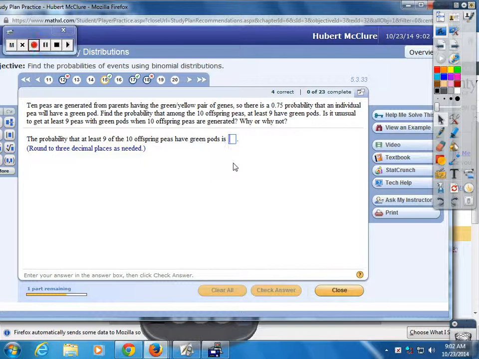Is it unusual to get at least 9 peas with green pods when 10 offspring peas are generated? Now this problem, you can't do it unless you understand what this is. So I'll give you a minute because I want you to think about at least 9, what at least 9 means.